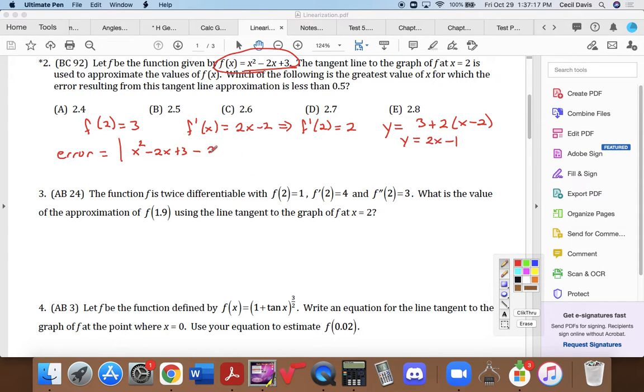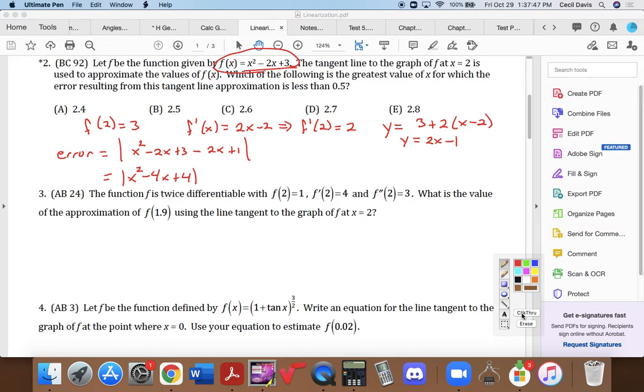So this will be minus 2x plus 1. So the error is the absolute value of x squared minus 4x plus 4. And we want to know, what is the greatest value of x for which this is less than 0.5?